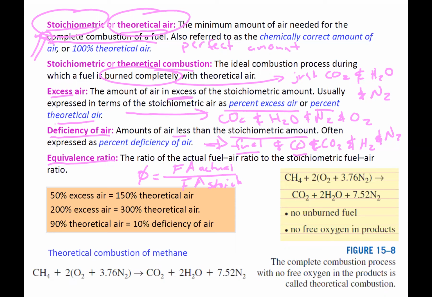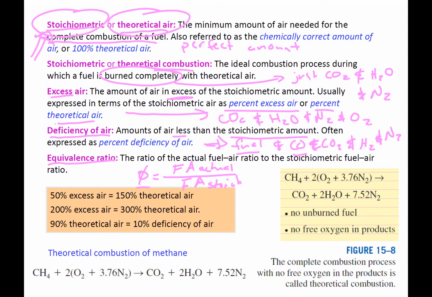The stoichiometric fuel-air ratio is the perfect amount, and then your actual is this. So what that's doing is just normalizing it to that perfect amount, right? And that tells you, if you have an equivalence ratio greater than 1, you have too much fuel, which is called rich. Less than 1, you have too much air, which is lean.